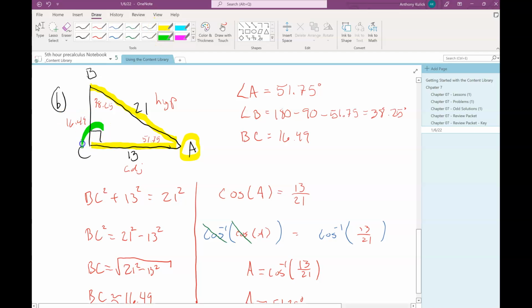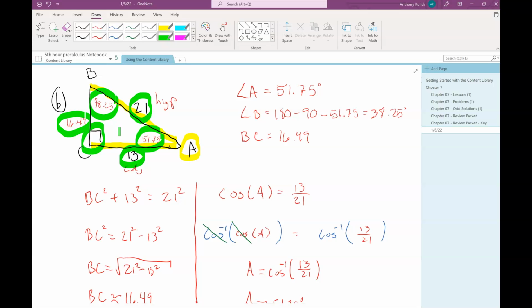So I have my biggest angle opposite my biggest side, my middle angle opposite my middle side, and my smallest angle opposite my smallest side. Now, just because that's true doesn't mean that those answers are necessarily correct. But if any of that part doesn't work out, it's absolutely wrong. There's something wrong going on. So it's a quick check. It doesn't tell you for sure if it's right, but it can quickly identify if something is really wrong.